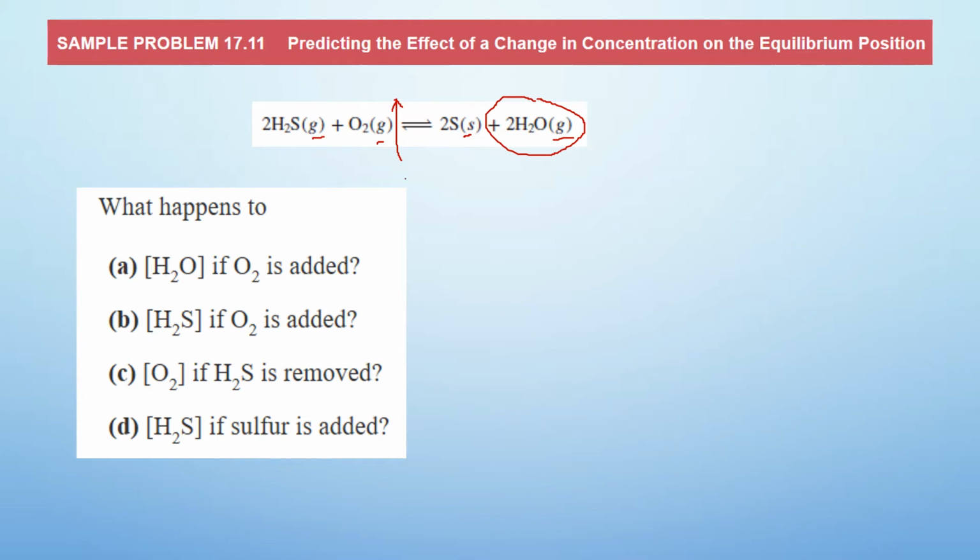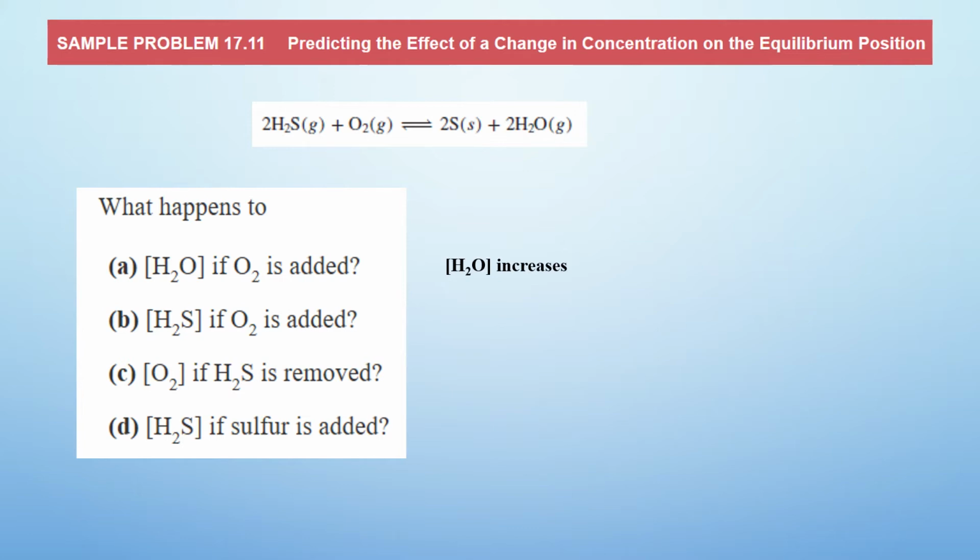So the reaction will proceed to the right. When the net reaction proceeds to the right, it will generate more of these water molecules, so the concentration of water will increase. Let me erase this for the next.